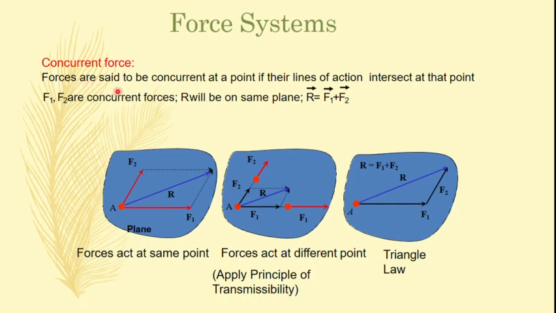The forces are said to be concurrent at a point if their lines of action intersect at that point. We can apply the parallelogram law or triangle law when the forces are concurrent.